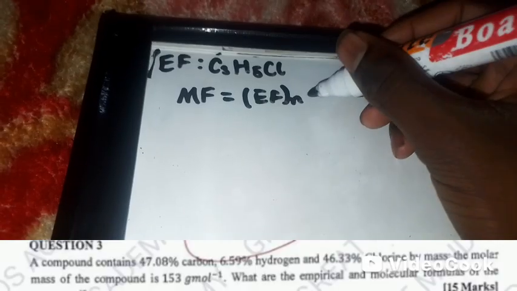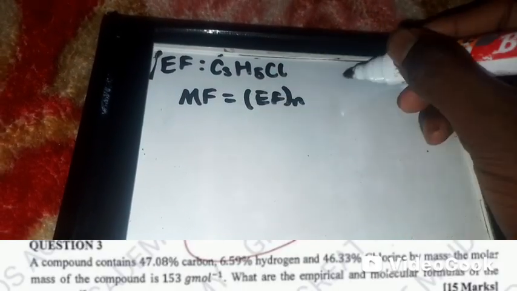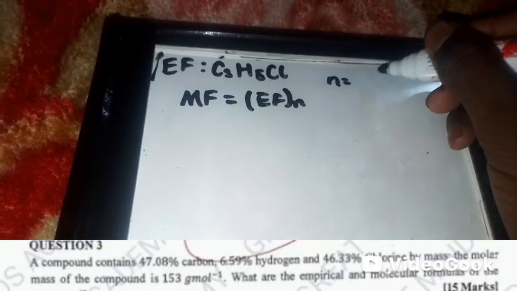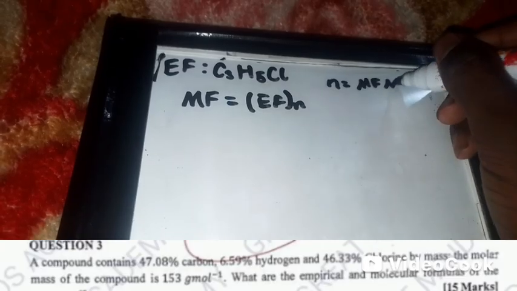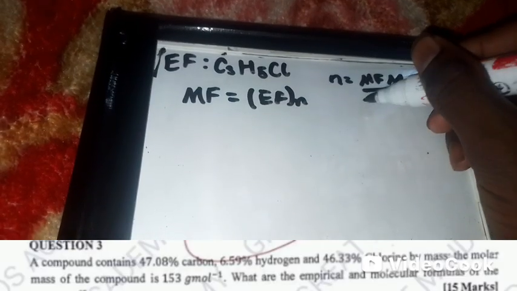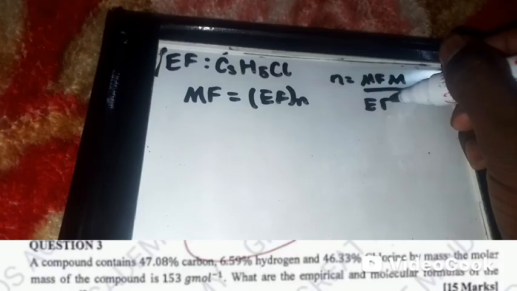Now let's find the value of n. The value of n is found by dividing the molecular formula mass by the empirical formula mass.